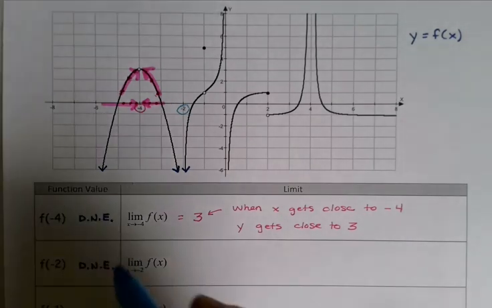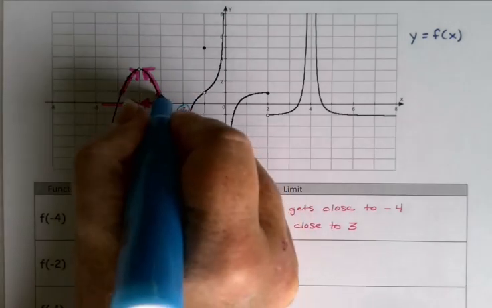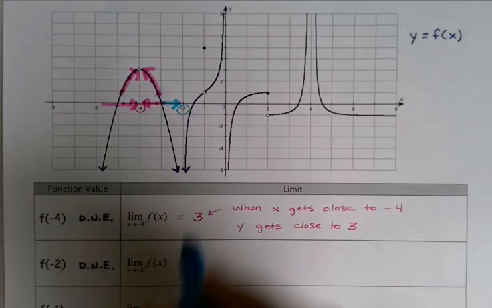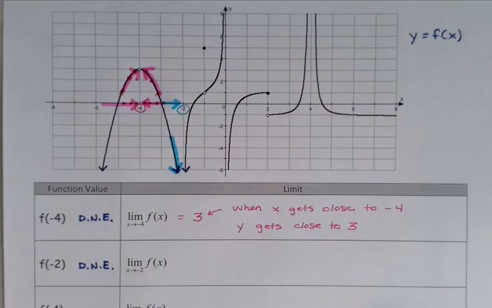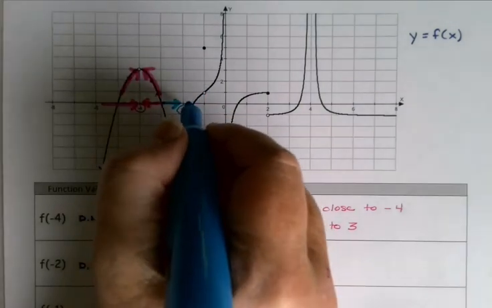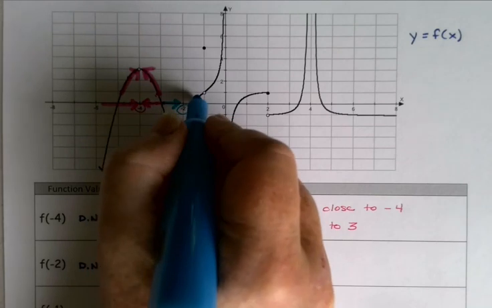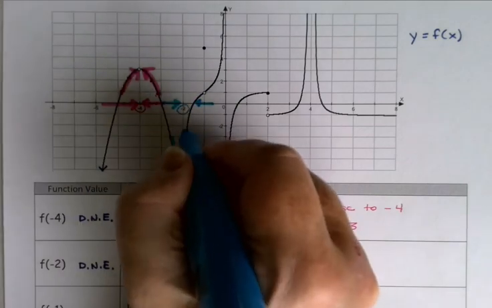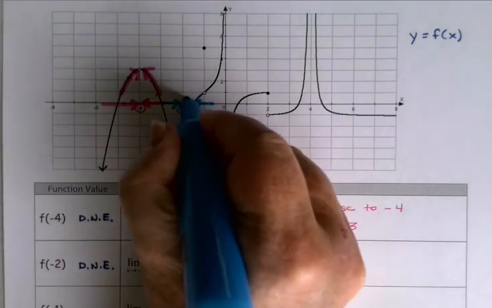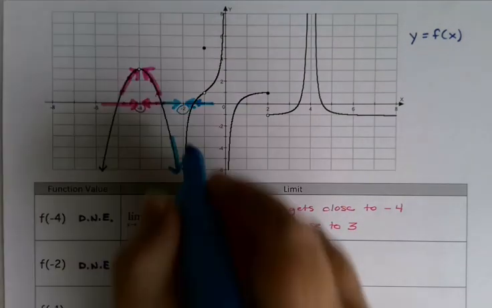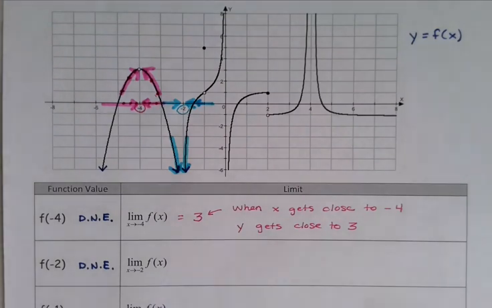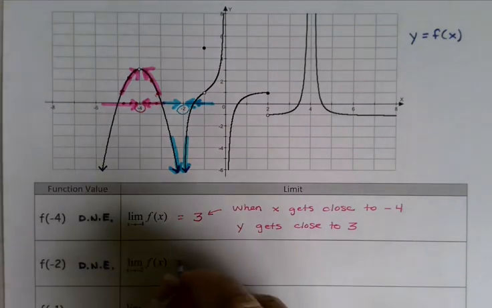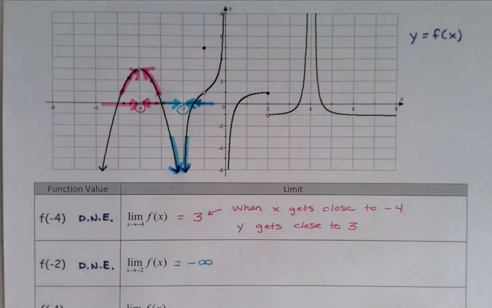Well, as we approach -2 from the left, the y values continue to get very large in the negative direction. And the same thing happens coming in from the right. As I approach -2 from the right, the y values get very large in the negative direction. So I'm going to call that limit -infinity.